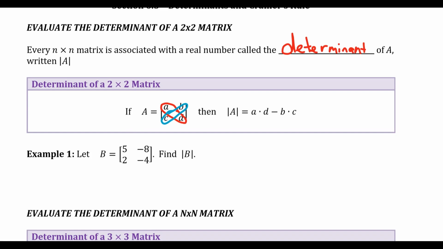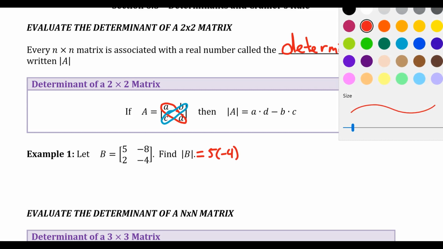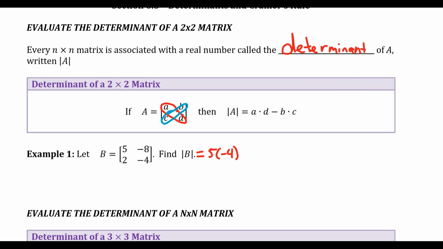Let B be the matrix 5, 2, -8, -4, and I want to find the determinant. I'm going to take 5 times -4, and then the formula says minus, and then 2 times -8, this direction right here.